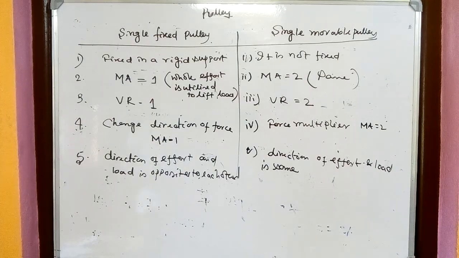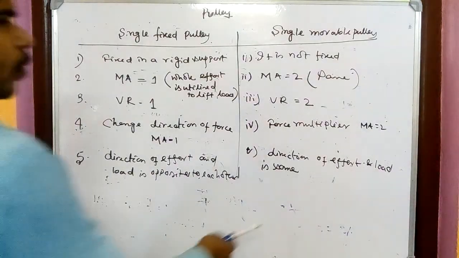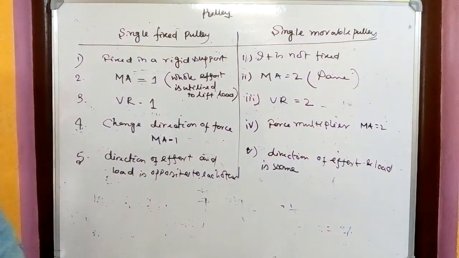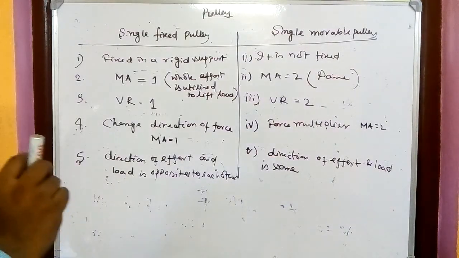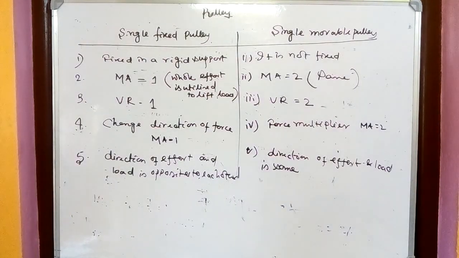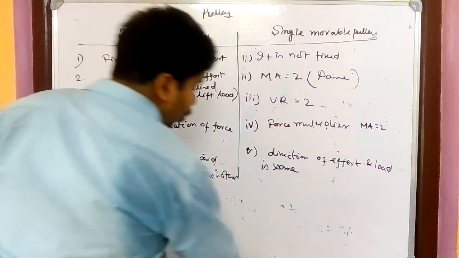Now you can say, sir, it is not possible, because you have already told that mechanical advantage is 2, and as the mechanical advantage is 2 for a machine, it cannot be used as a directional change of forces. And by this idea, that if I want to use a single movable pulley for changing the direction of force, one thing has come, that is combination of pulley.